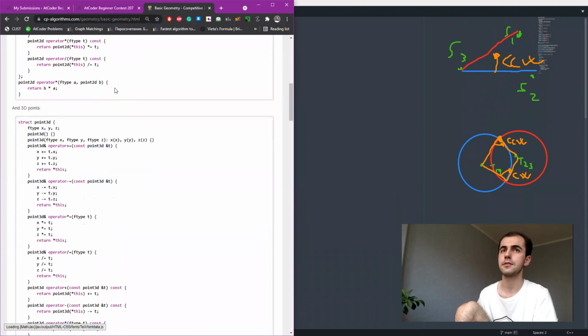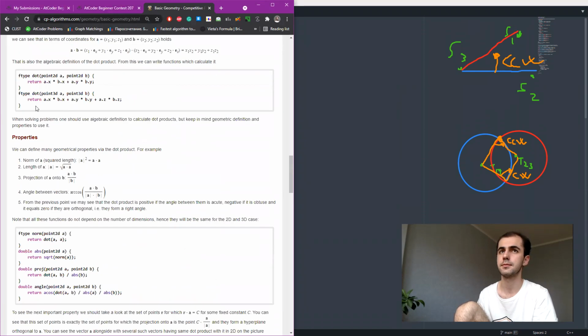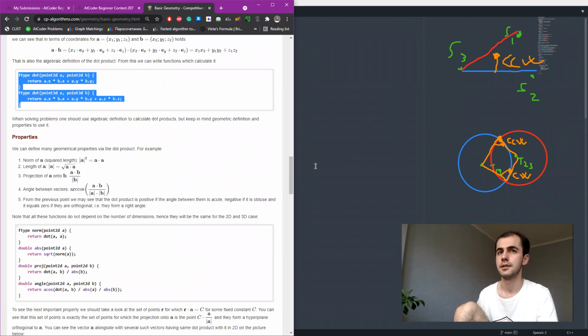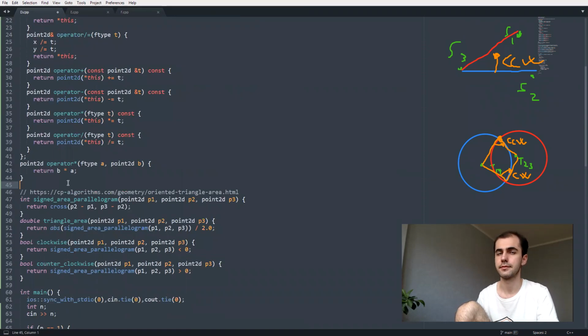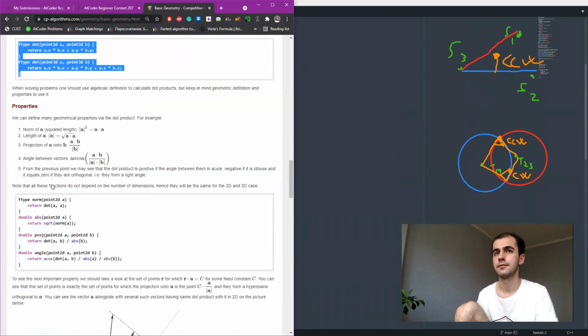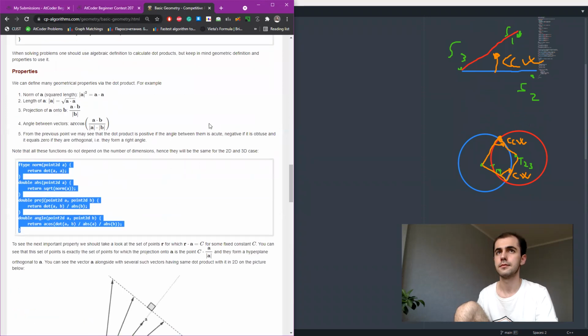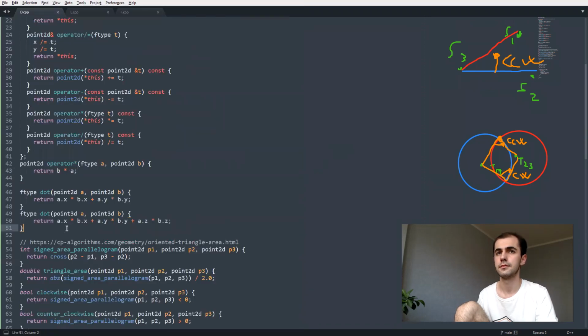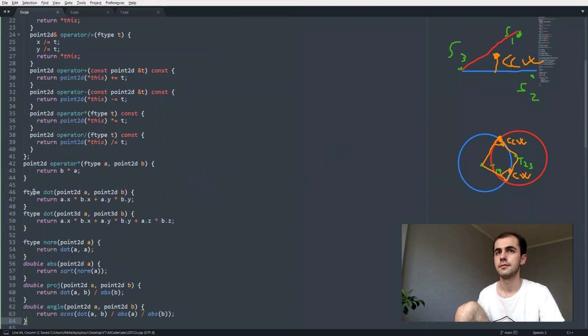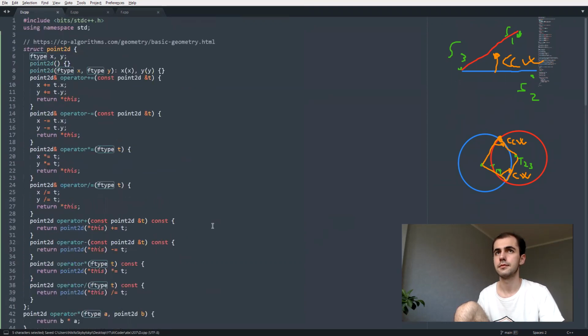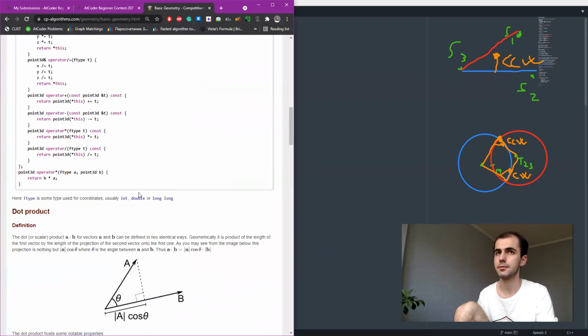Absolute value is of course defined outside. What is f-type?